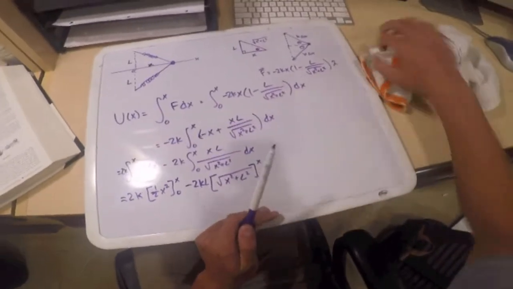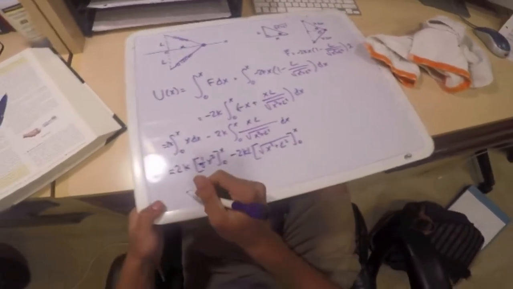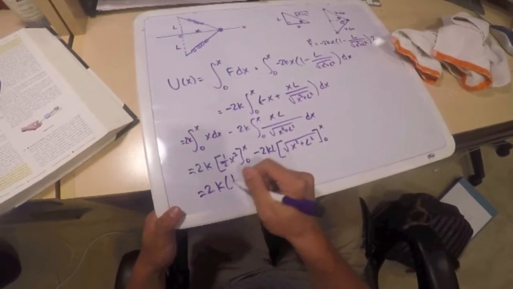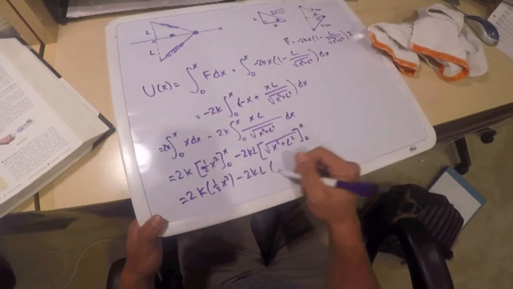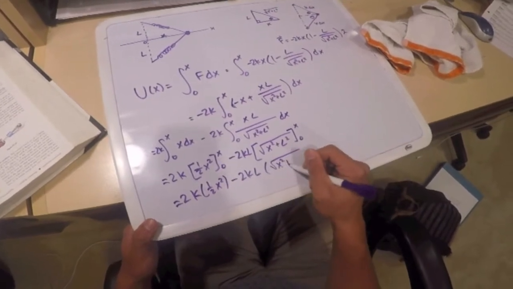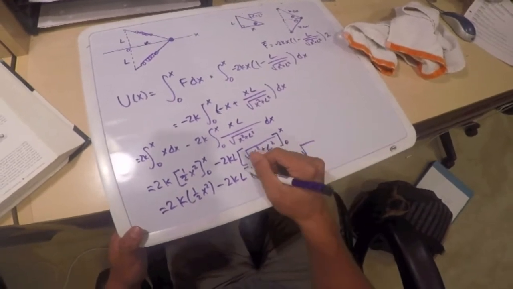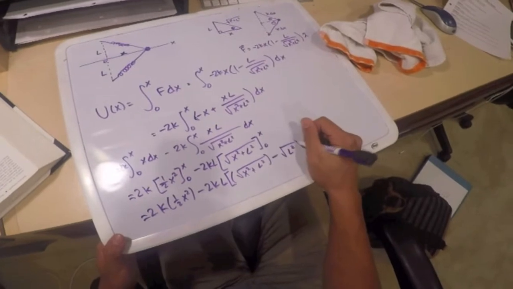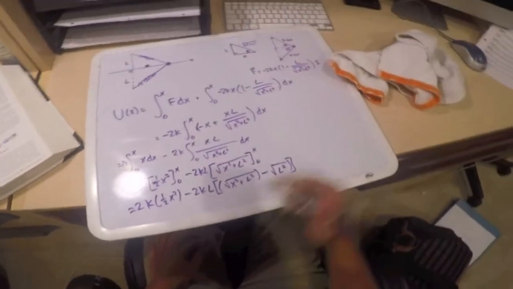If you guys haven't taken calculus, you'll probably get more comfortable with integration later. We're going to plug that in. We get 2k times 1/2 x squared minus 2kL times the square root of x squared plus L squared minus the square root of L squared, because we have to plug in 0 for x as well. Over here I didn't do that because 0 is going to equal 0.